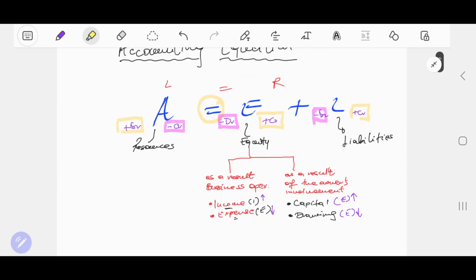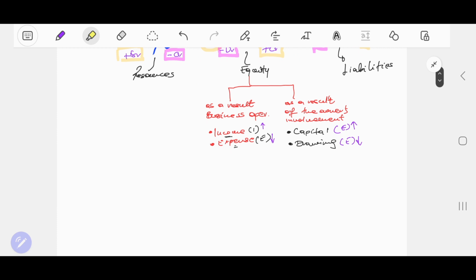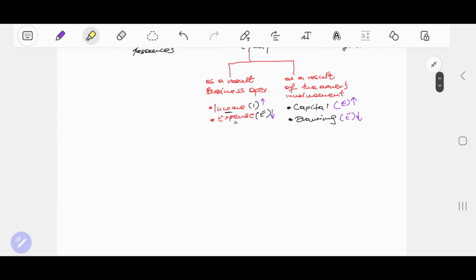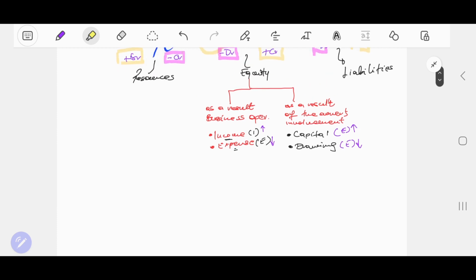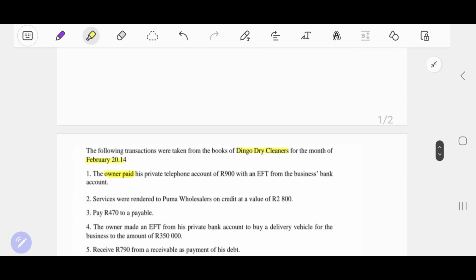Remember here we said that the owner, if they get involved in the business, either gets involved by contributing funds, which is capital, or by withdrawing resources from the business, which is drawings. The owner can also contribute resources as well. That's also going to be considered as capital.